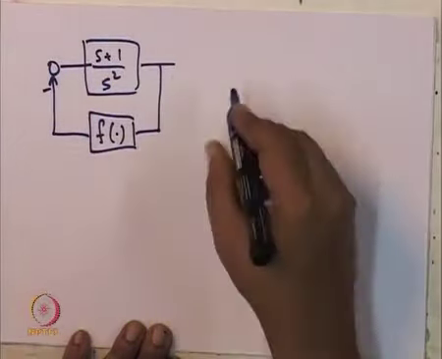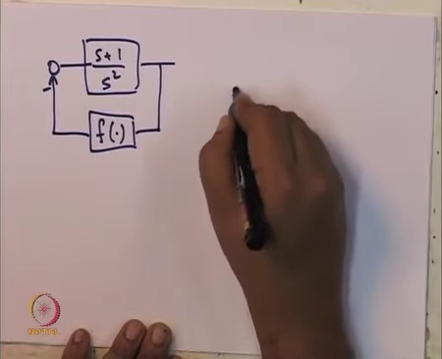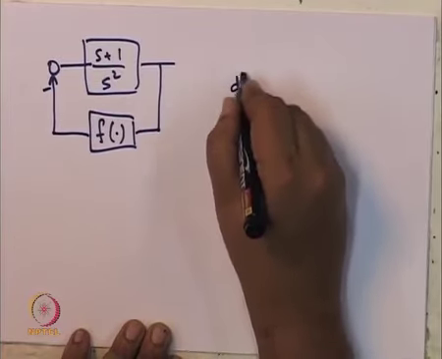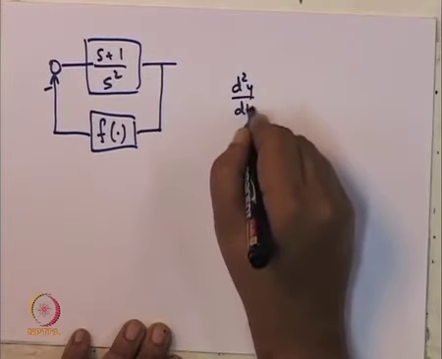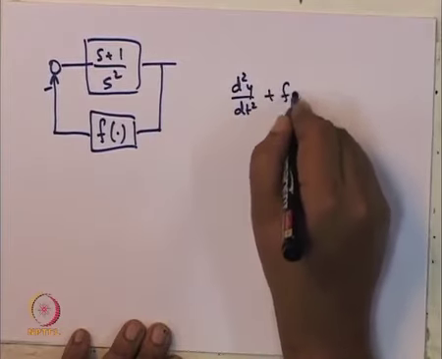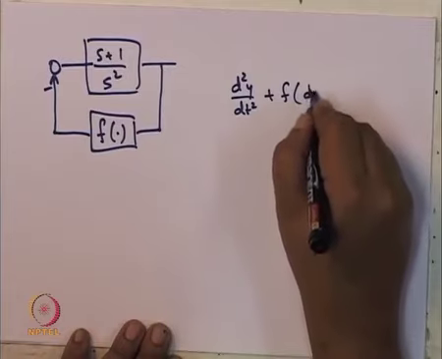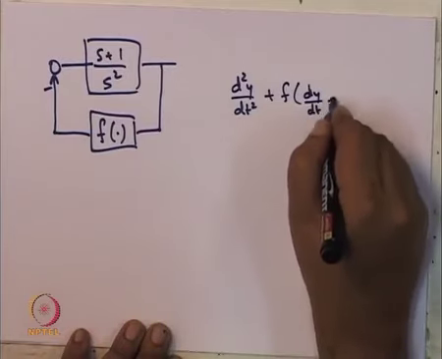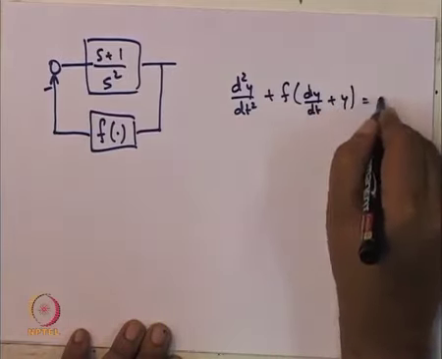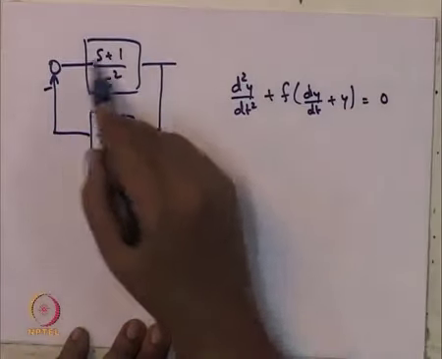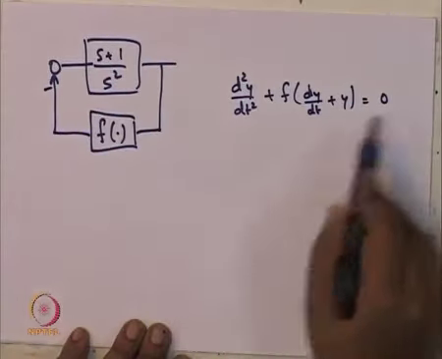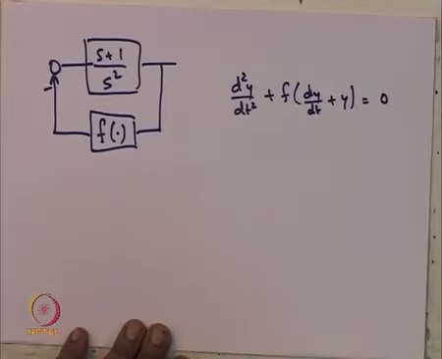This is the same as looking at a system with the equation d2y by dt squared plus f of dy by dt plus y equal to 0. So, looking at this system is the same as looking at this system. Okay.